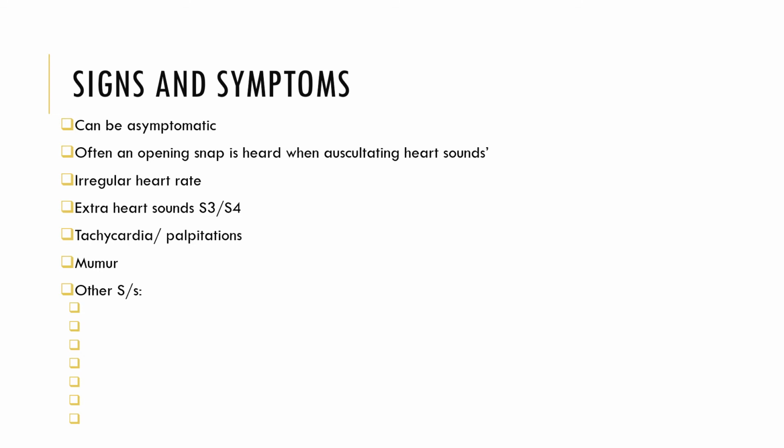You could hear split S2 heart sounds because the aortic and the pulmonic valve are closing at different times. Remember, normally they close at the same time, but when you have aortic stenosis, they will be closing at different times.